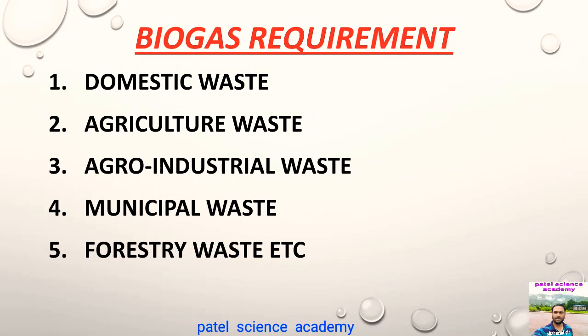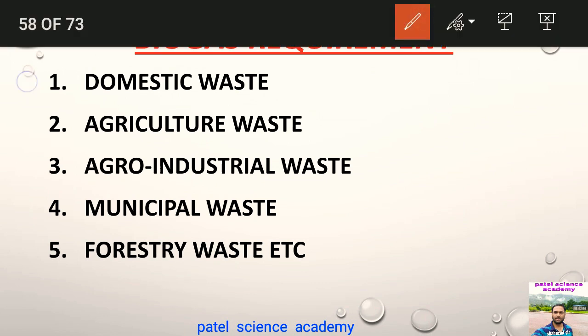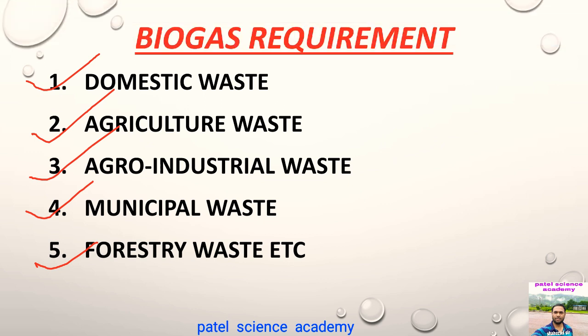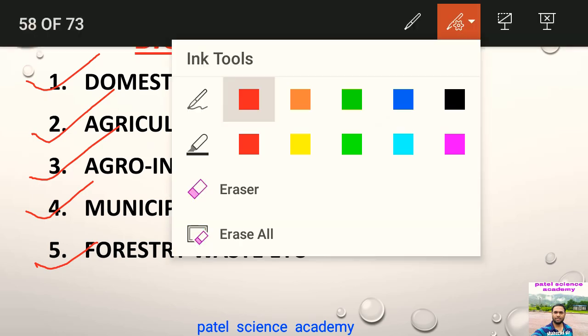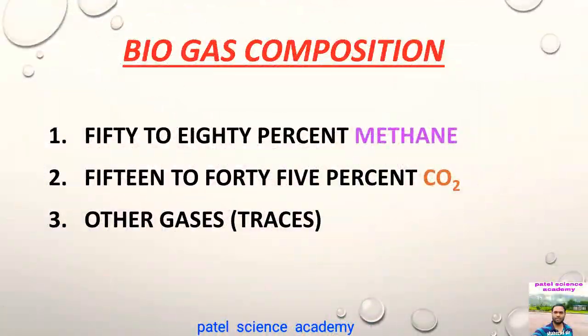So what are the basic biogas requirements? It includes, dear students, domestic waste, agriculture waste, agro-industrial waste, municipal waste, and forestry waste, etc. So these are the requirements of this biogas production. Then the next step, its composition.